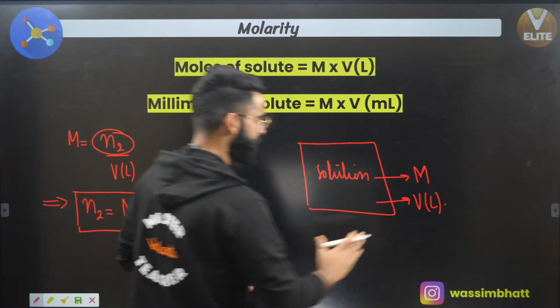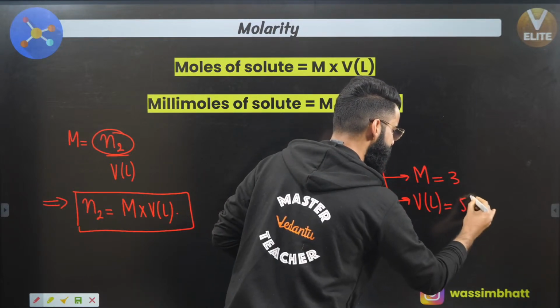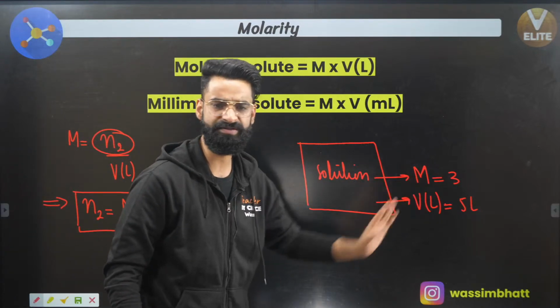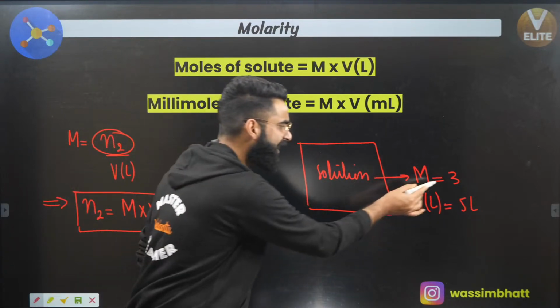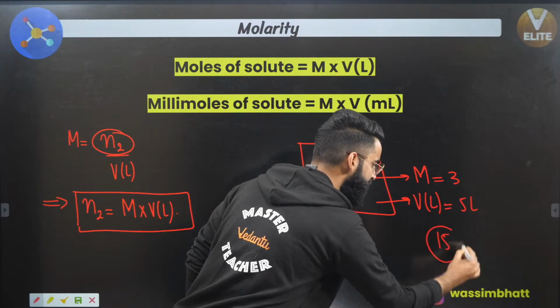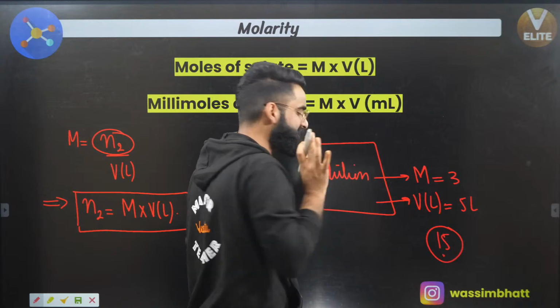For example, I've got a solution whose molarity is 3, whose volume is 5 liters. 3 multiplied by 5 comes out to be 15. This means I have 15 moles of solute present in this container right now.